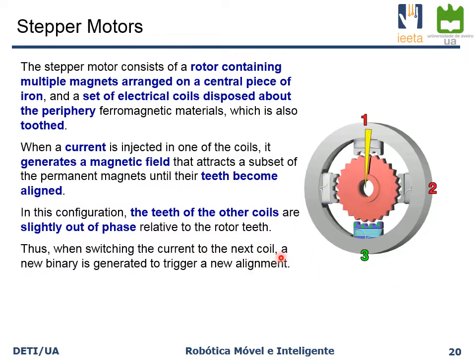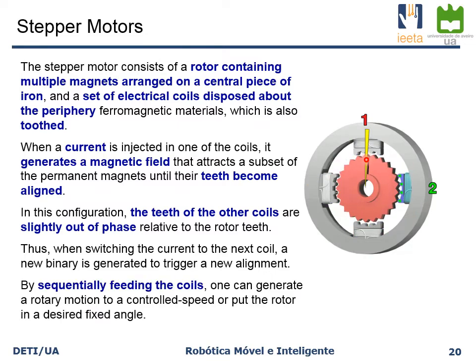Switching the current to the next coil, as you can see, you can rotate the motor. The fact is that this sequence of energizing that will produce the alignment can also produce small mechanical vibrations, because actually you are normally trying to move the rotors a little bit and then slightly stop it.